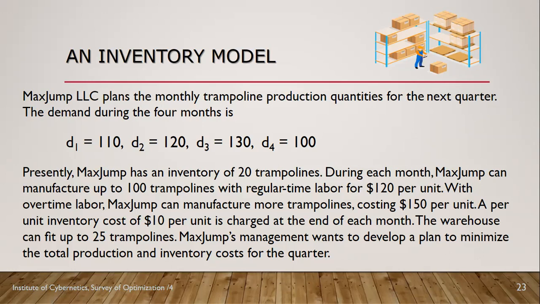Presently, MesoJump has an inventory of 20 trampolines. During each month, MesoJump can manufacture up to 100 trampolines with regular time labor at 120 per unit.